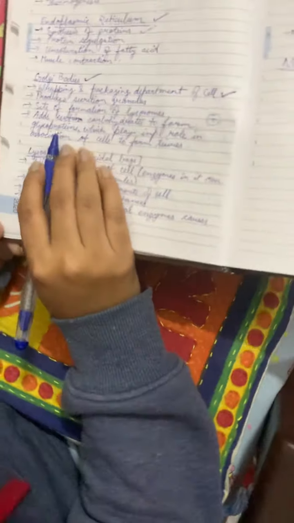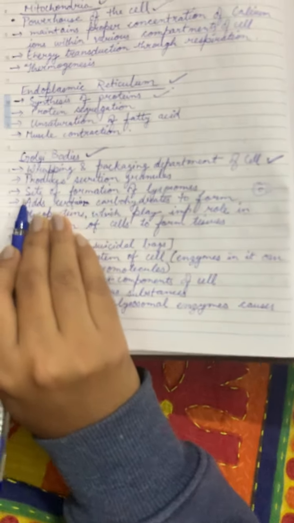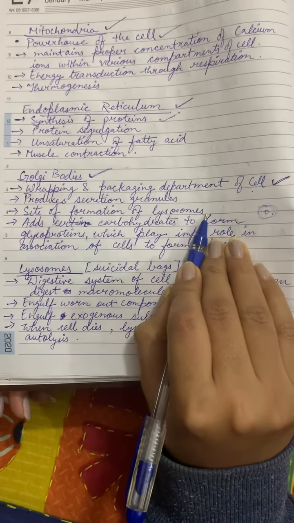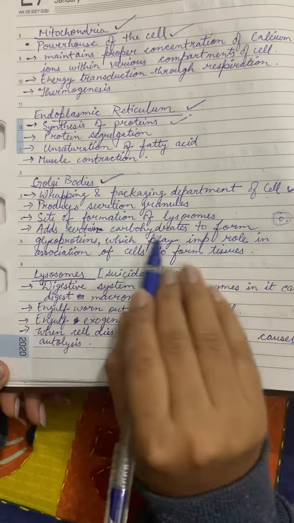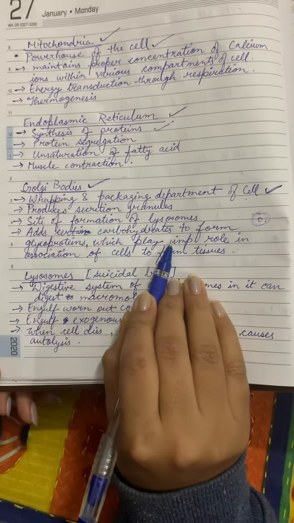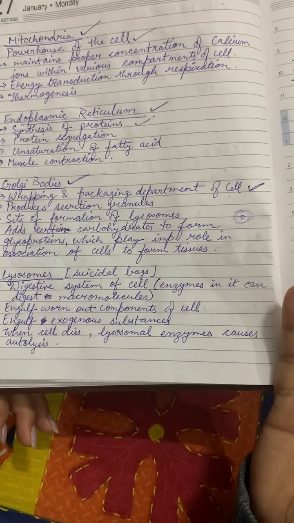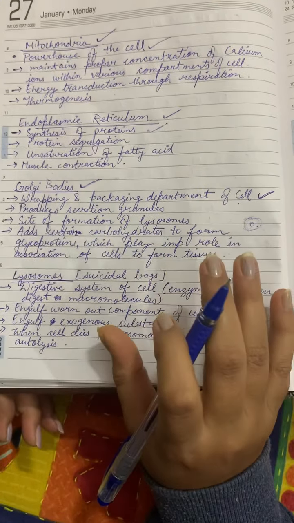Okay, now coming to Golgi bodies, it is called the wrapping and packaging department of the cell. It wraps up all the particles present in the cell. So here in our notebook, yes, it is a site of formation of lysosomes, and it also adds certain carbohydrates to form glycoproteins, which play an important role in association of cells to form tissues.